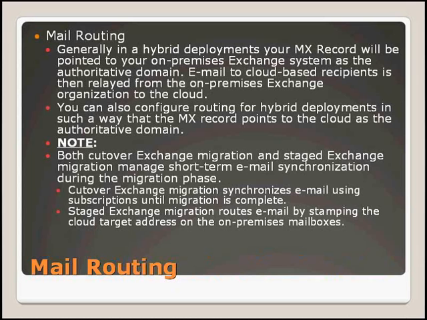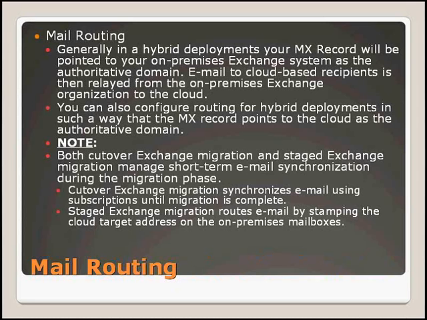When you have a hybrid deployment, your MX record will be pointing to your on-premises Exchange as your authoritative domain, and then basically, if there is any email that is going to cloud, it's going to be relayed through your on-premises network. It is not always required. You can even configure the routing the other way, like the email comes to cloud and then comes to our site.